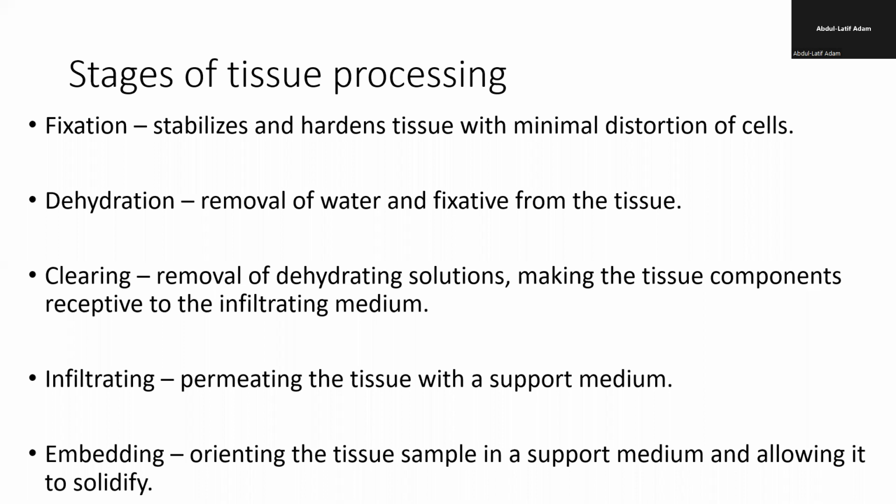You cannot just clear the tissue of alcohol and introduce solid wax. The only thing to do is to first fill in the spaces that have been created as a result of the clearing with molten paraffin wax.